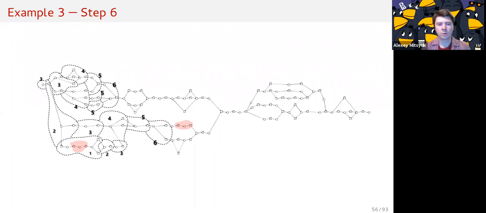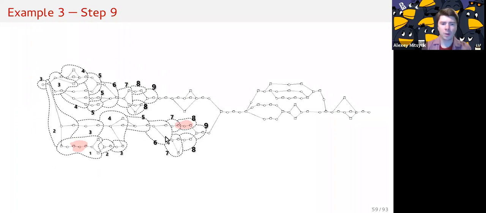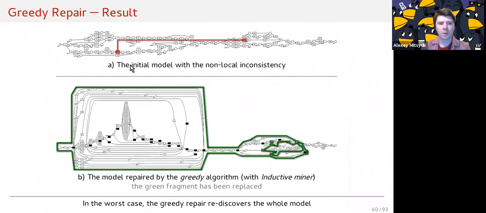The algorithm adds more and more neighbors until it covers all unfitting fragments. Of course, you can see that here we also covered an unnecessary part of the model, and I will return to that.